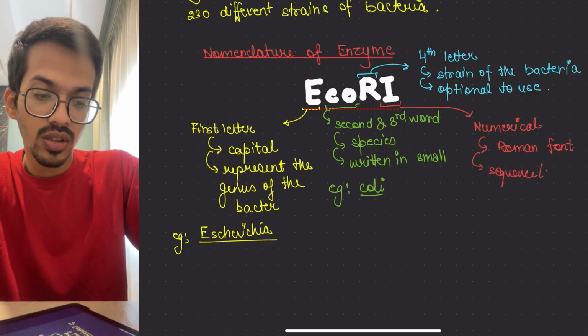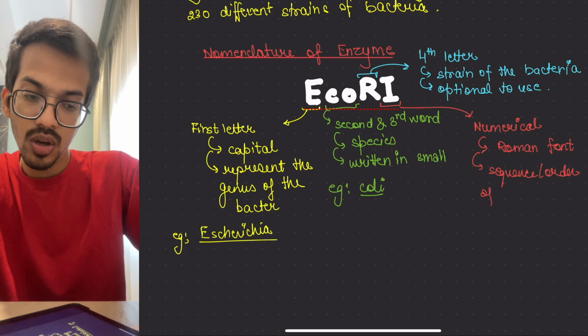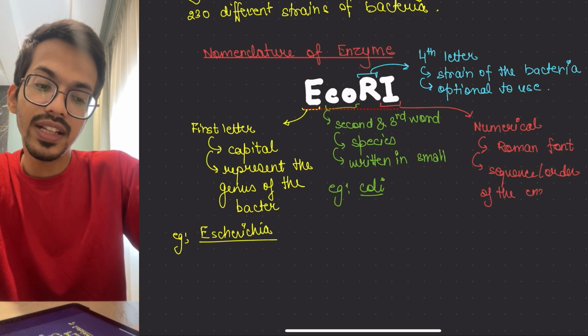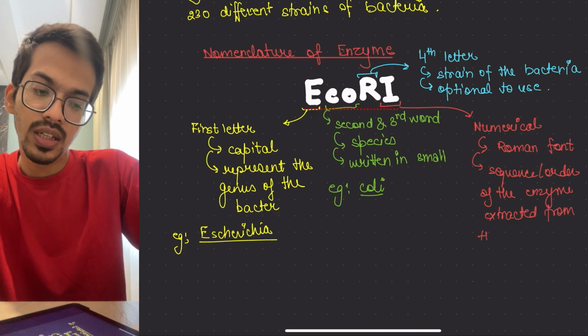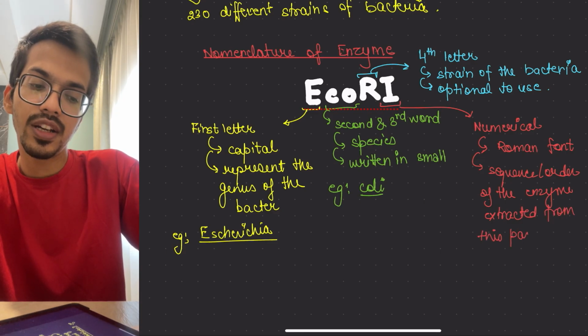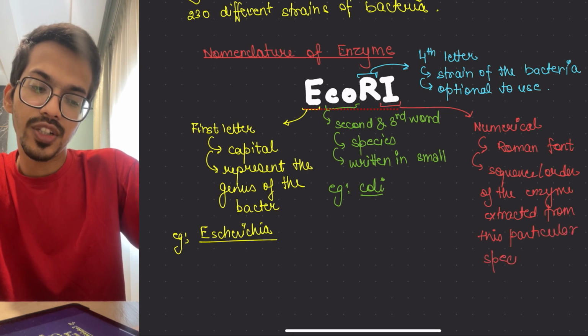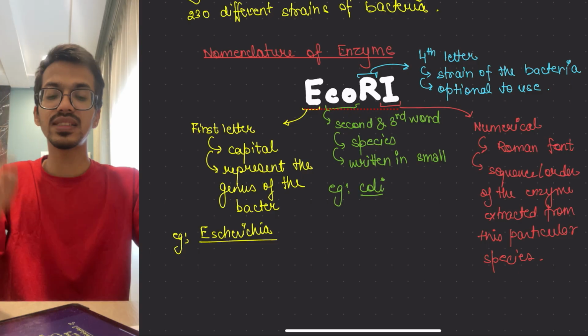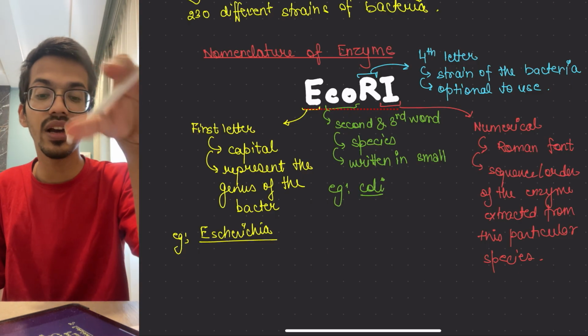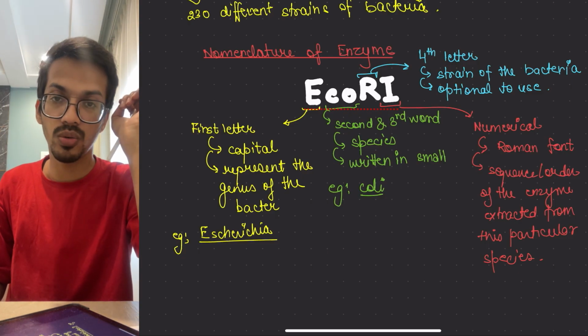It represents the sequence or order of the enzyme extracted from this particular species. It means it is the first enzyme that was identified in Escherichia coli.